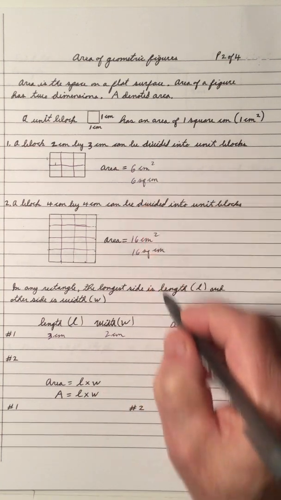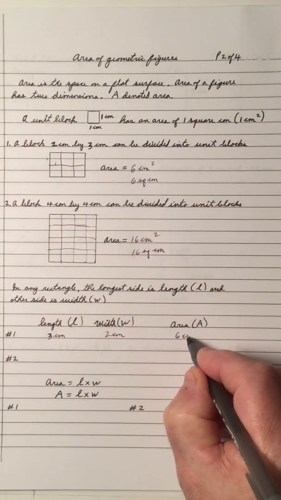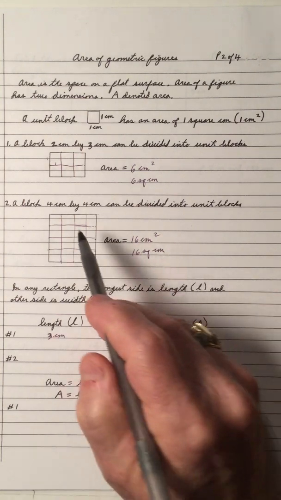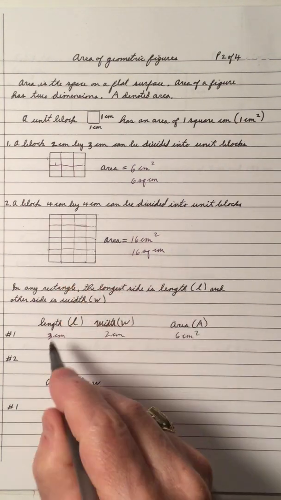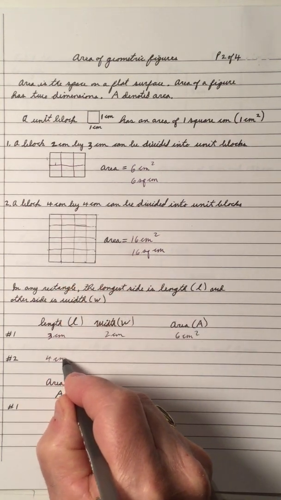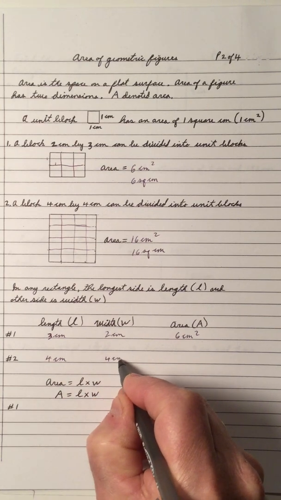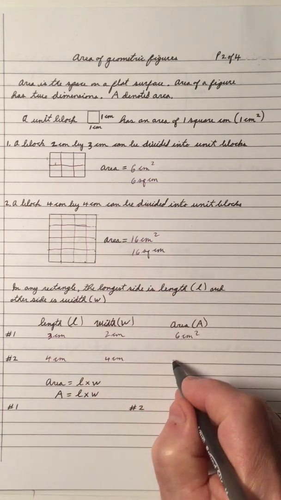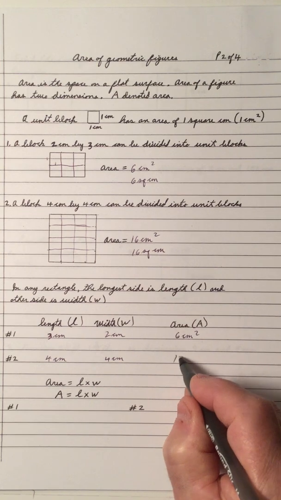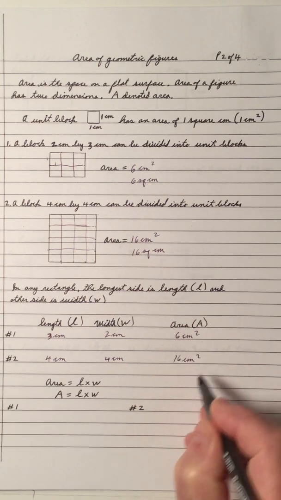And notice the area, we have 6 centimeters squared. In number 2, the length and the width are the same. So we have 4 centimeters and 4 centimeters, and the area works out to be 16 square centimeters.